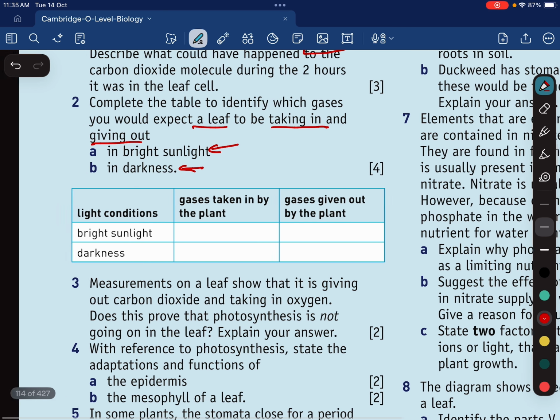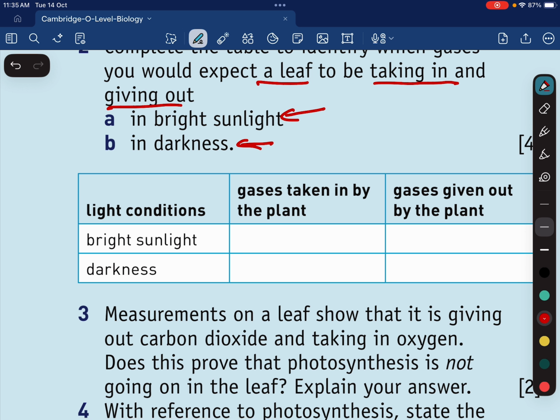What would be happening in bright sunlight? You need to keep one thing in mind. Respiration takes place all the time, whether it be morning or darkness, it doesn't matter. Photosynthesis, on the other hand, takes place when there's sunlight, because we need sunlight for photosynthesis, right?